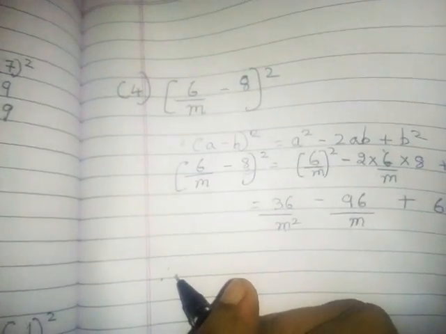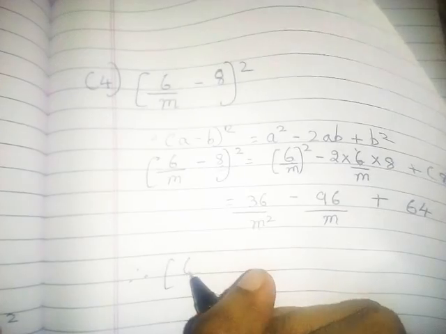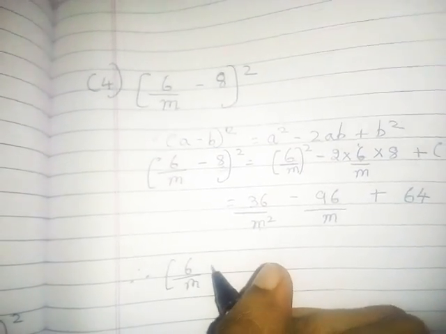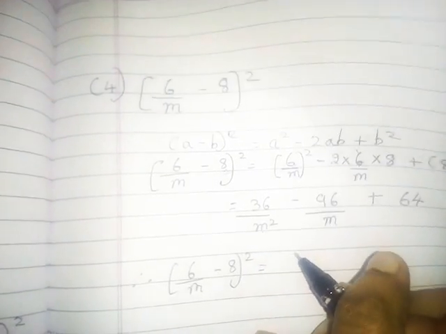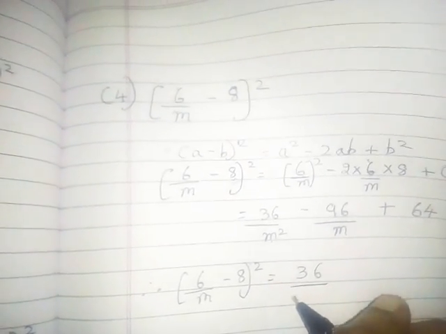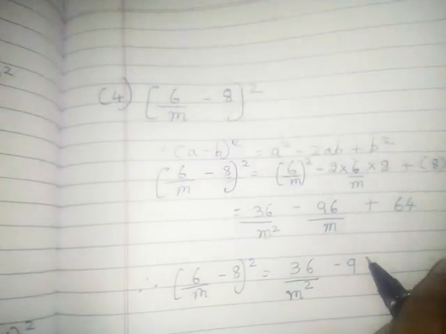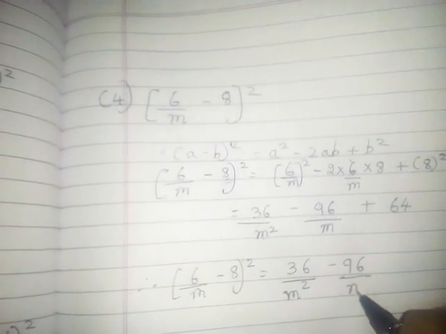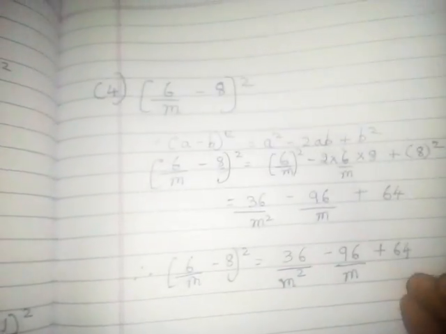In the first sum how I showed you, same. 6 upon m minus 8 the whole square is equal to 36 upon m square minus 96 upon m plus 64. Okay.